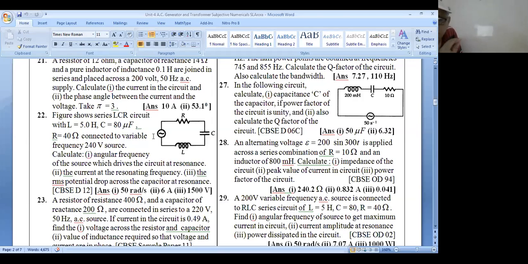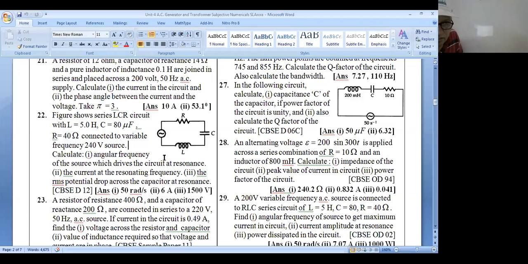As written in the question, the values of L and C and R are given: 5 Henry, 80 microfarad, 40 ohm resistance, connected like this, and the AC source is 240 volt. 240 is the RMS value of voltage, but frequency is not given.